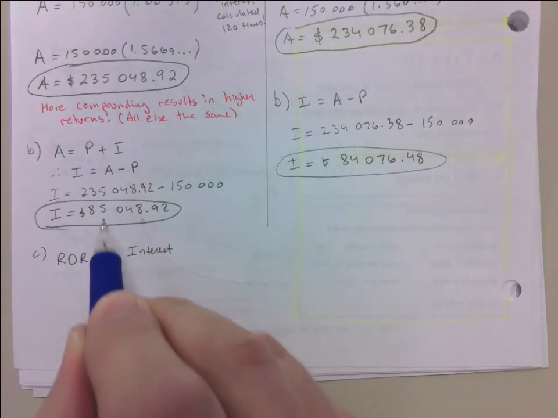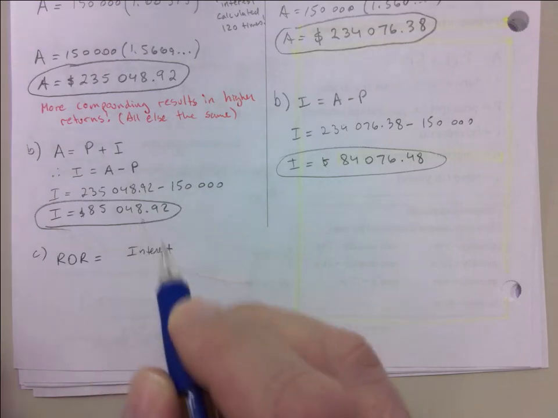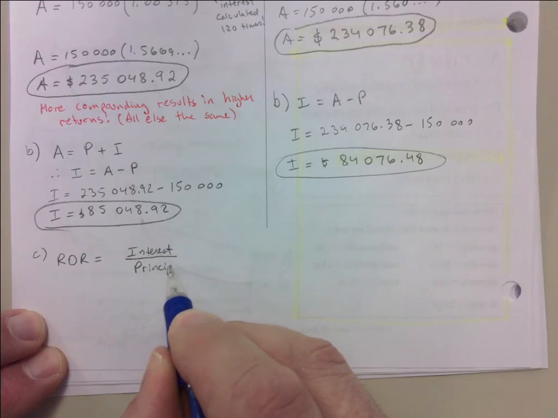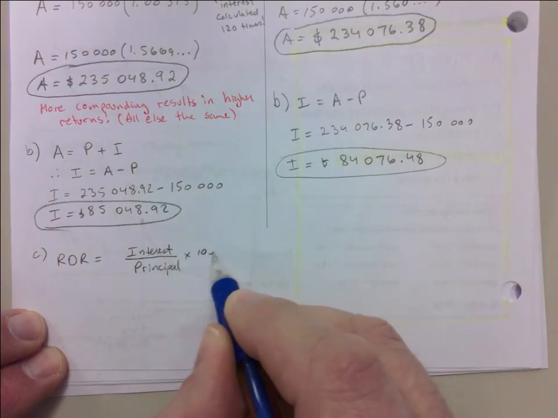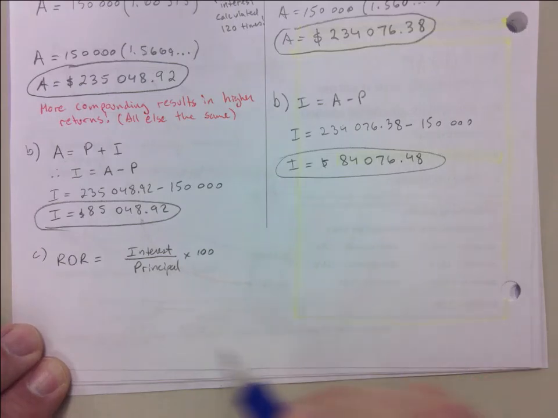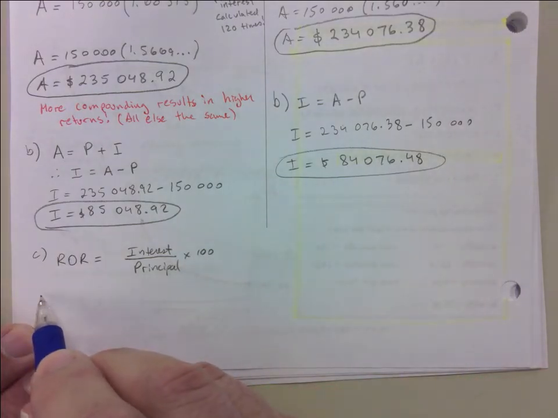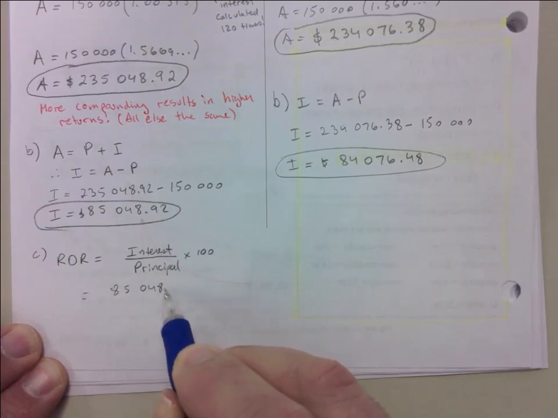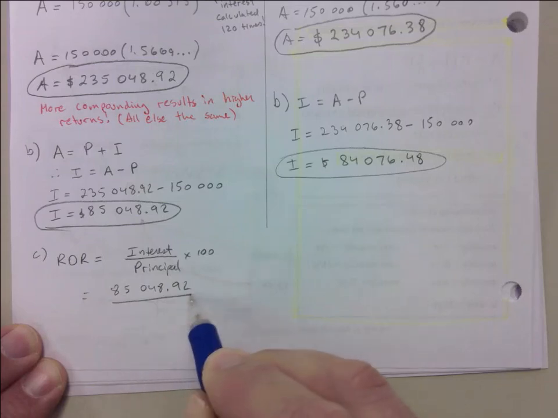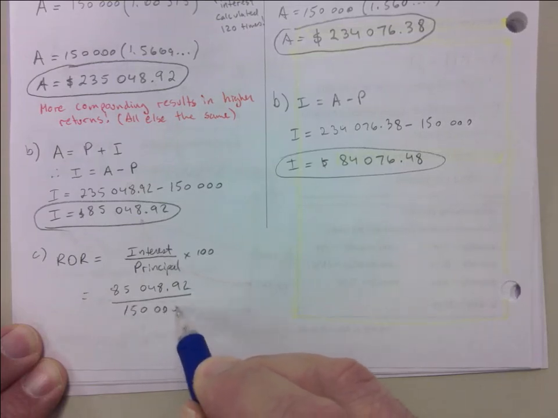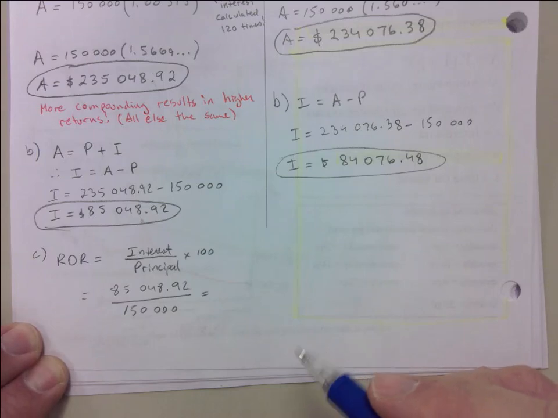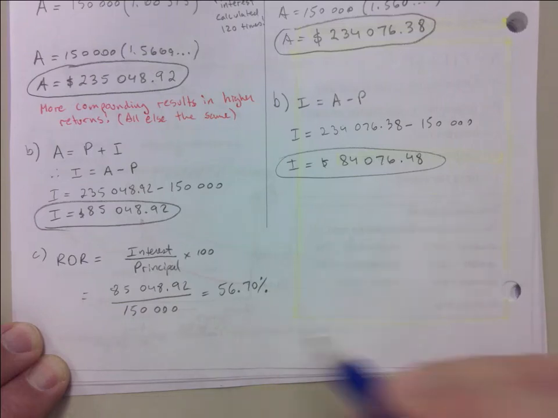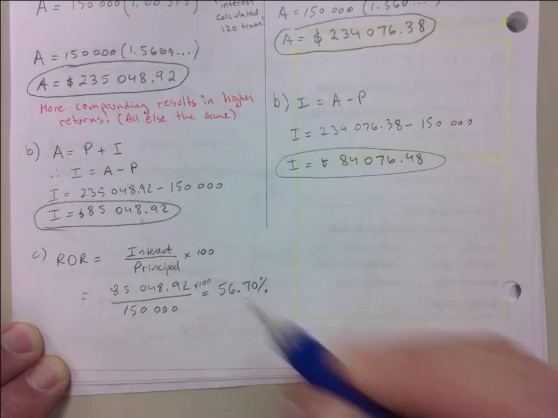And in this case, your earnings is that interest you've earned, divided by principal times 100. So we will go 85,048.92 divided by 150,000. You get 56.70%. Sorry, I forgot the times 100.